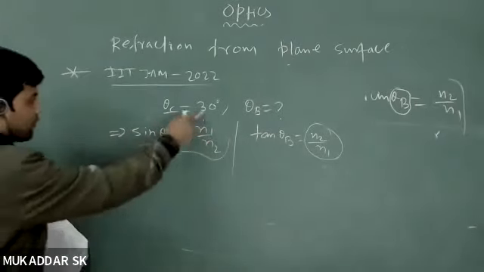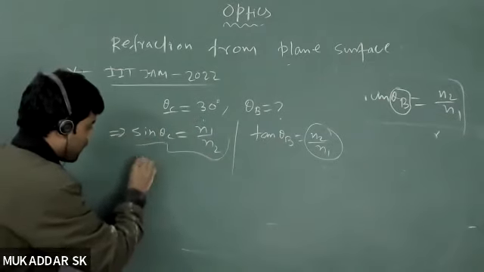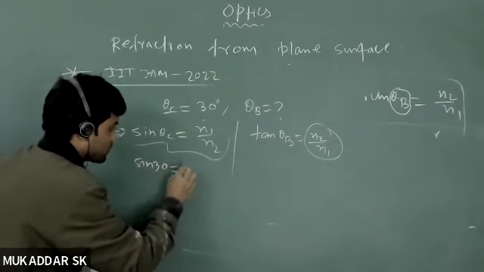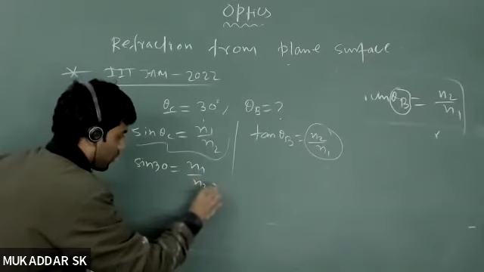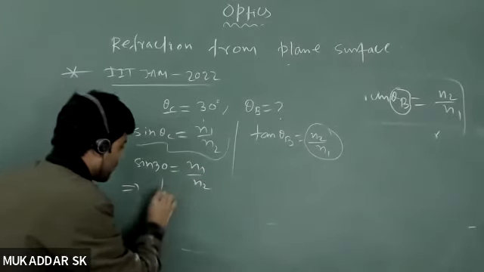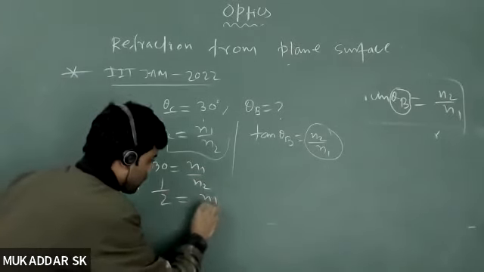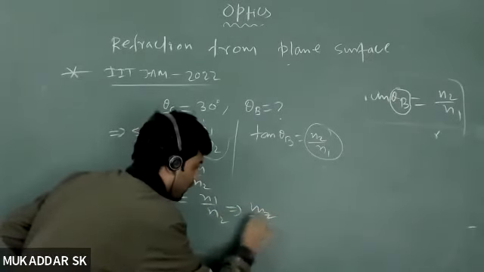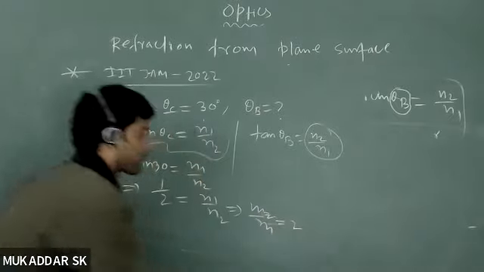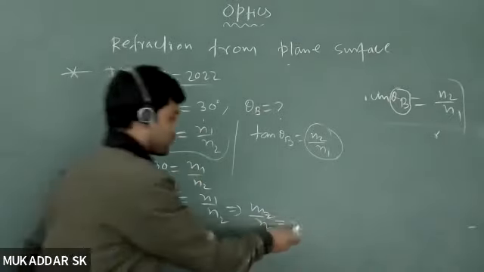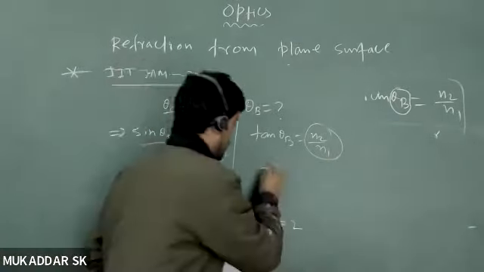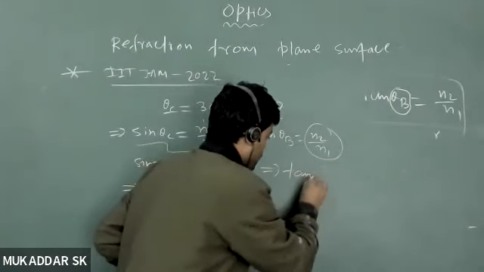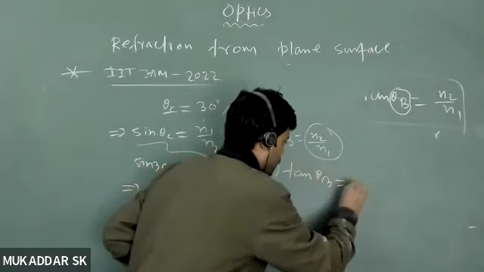So I'll just substitute this value. Sine of 30 degree should be equal to n1 by n2. And we know sine 30 is 1 by 2, and that is equal to n1 by n2. It means n2 by n1 should be equal to 2. I'll substitute this ratio here and I'll get tan theta b equal to 2, right?